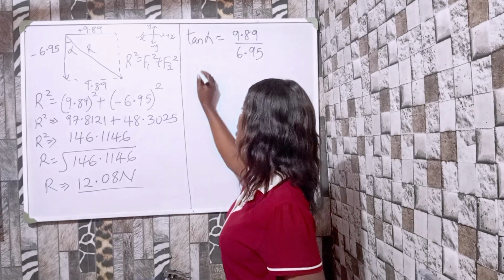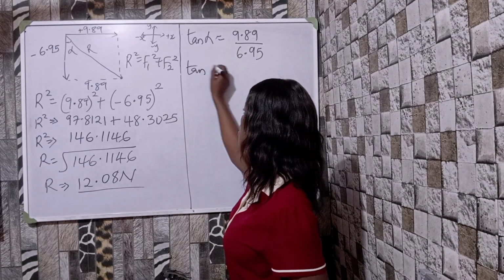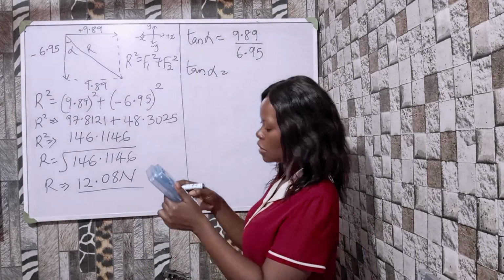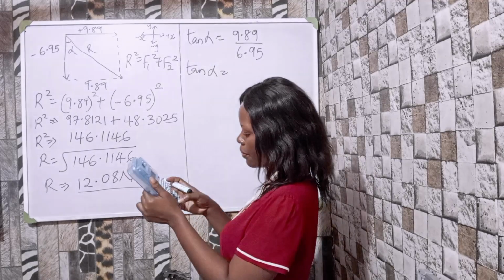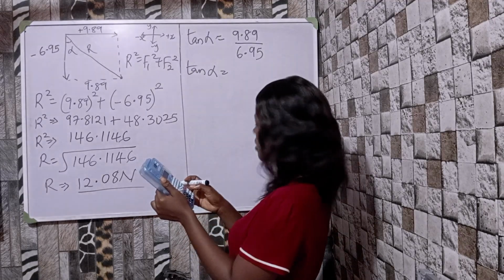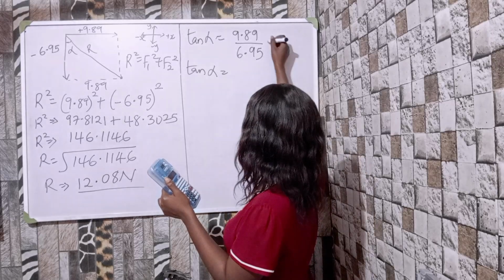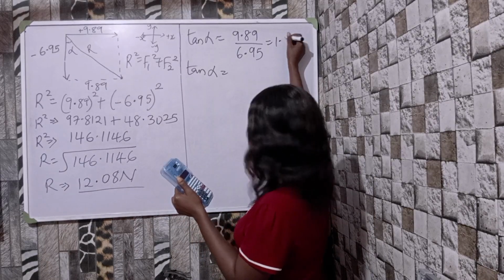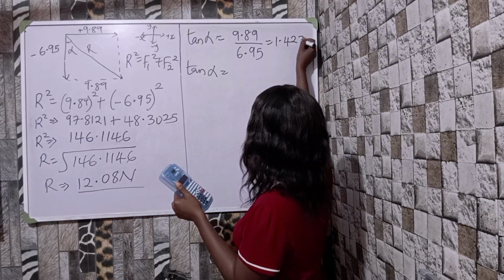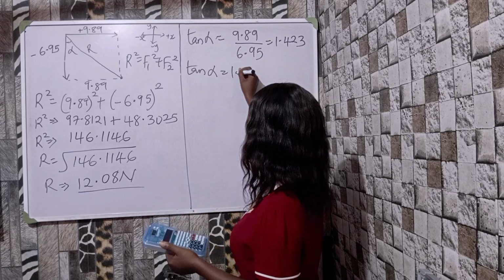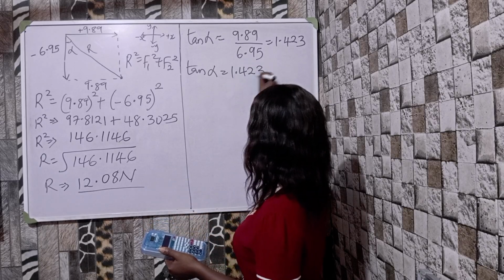That's all. So let us divide and see what we have. 9.89 divided by 6.95 equals 1.423.